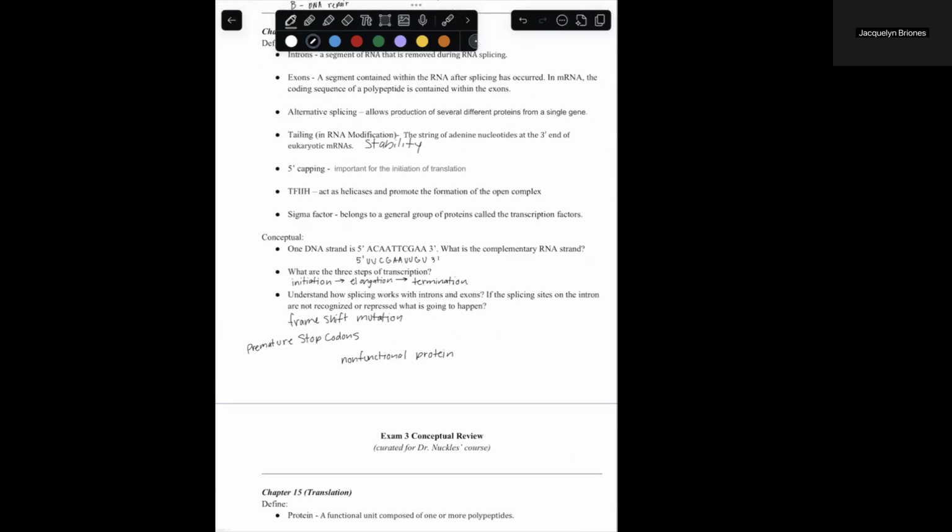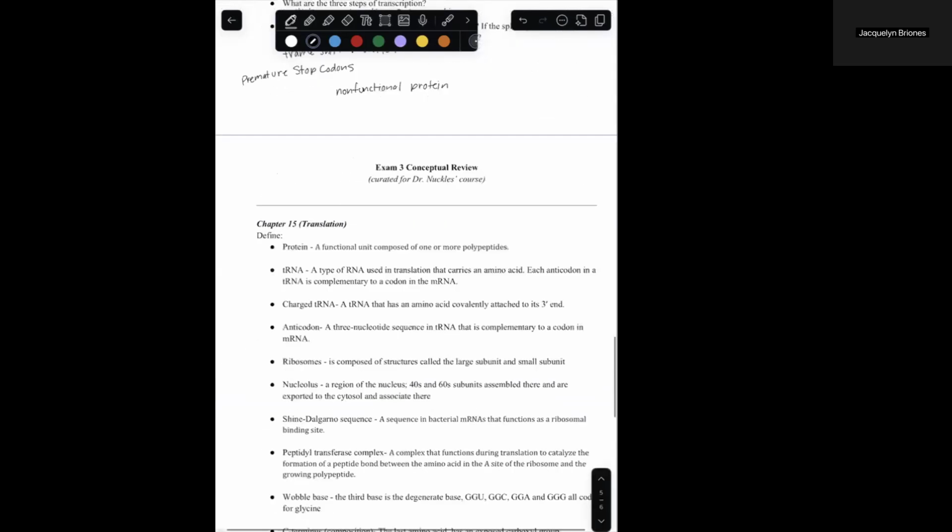So one intron can really mess up the whole protein, and all the proteins.